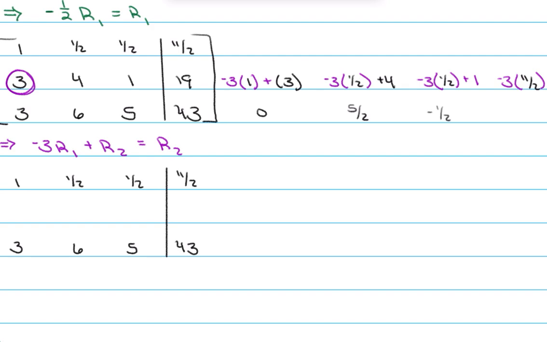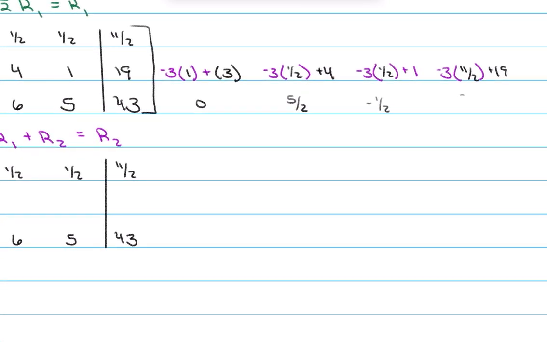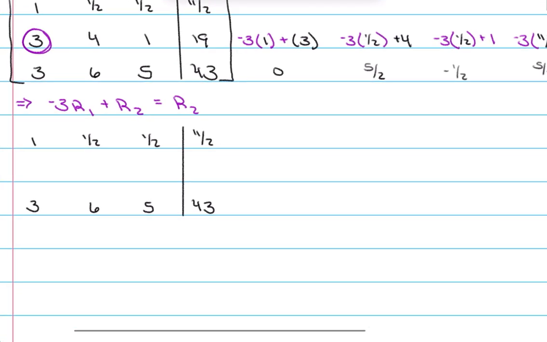And negative 3 times 11 halves plus 19 is going to give me 5 halves. So this is my new row 2. Again, you can use your calculator on each one of these 4 calculations. Don't be afraid of that. All right. So I am going to end up with 0, 5 halves, negative 1/2, and 5 halves.